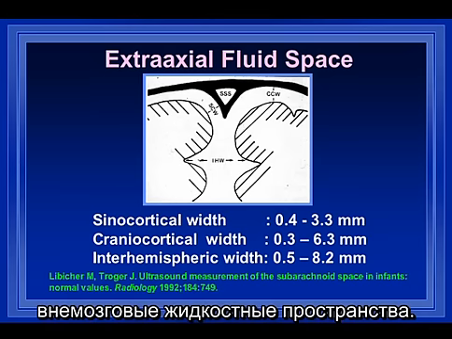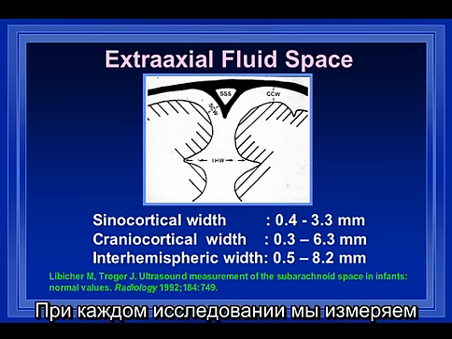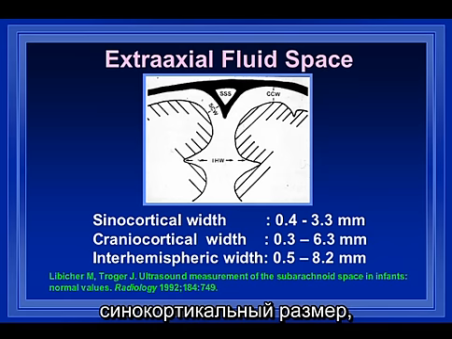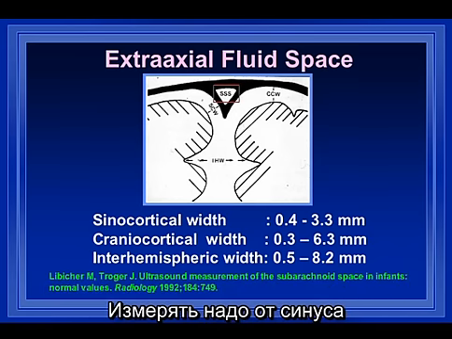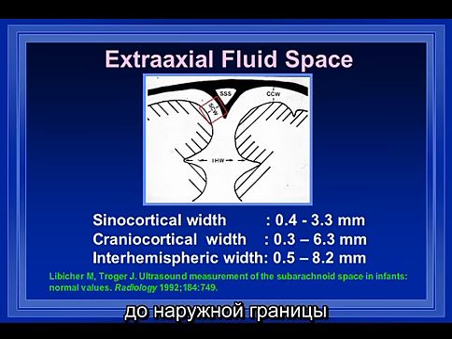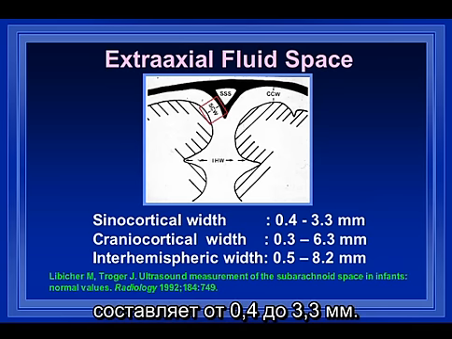Also consider the extra-axial fluid spaces. We measure routinely the sinocortical width by identifying the superior sagittal sinus, measuring from the sinus to the outer margin of the cortex of the brain. In a normal baby, we'll see that the sinocortical width measures 0.4 to 3.3 millimeters.